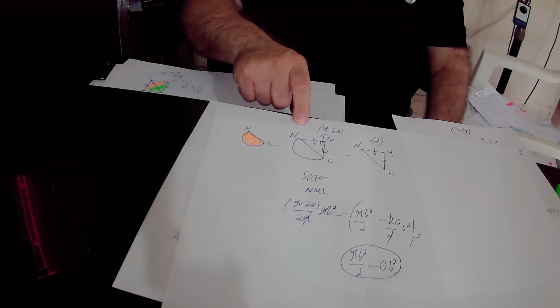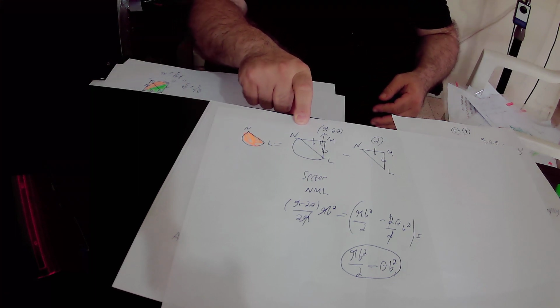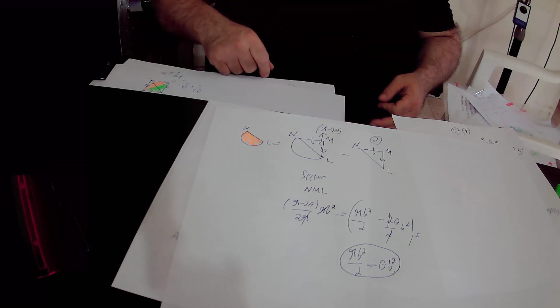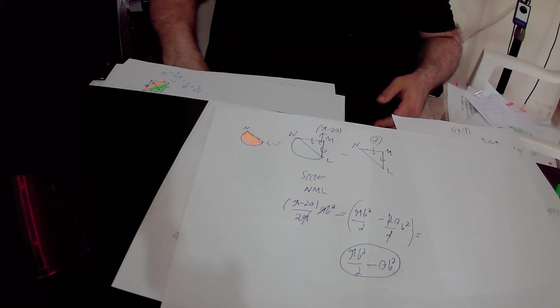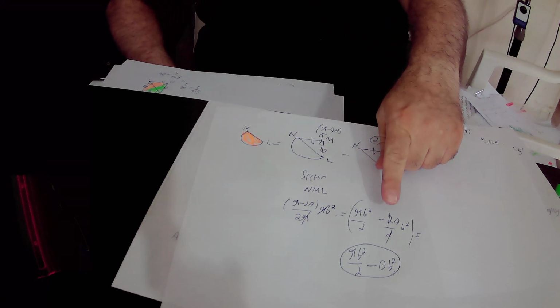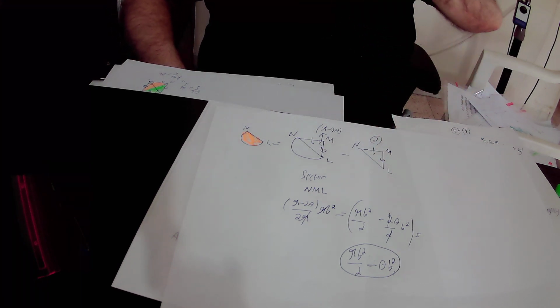It is equal to the area of this sector minus the area of triangle NML. And we found out that the area of sector NML equals pi b squared over 2 minus theta b squared.